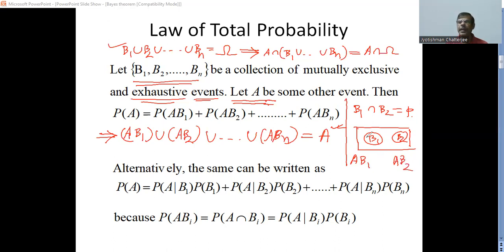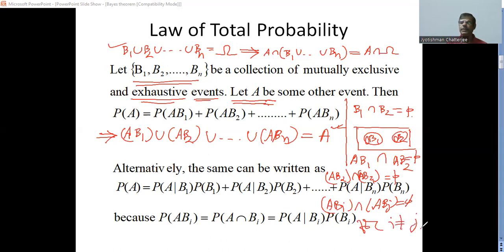No, because A intersection B1 is somewhere within B1, a smaller part than B1, and so is A intersection B2. Because A intersection B1 is part of B1 and A intersection B2 lies here, they also do not intersect. Similarly, A intersection B2 and A intersection B4 also do not intersect. In other words, A intersection Bi intersection A intersection Bj is the null set for i not equal to j.